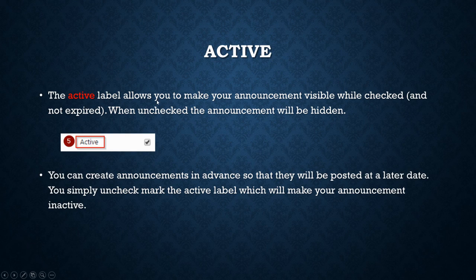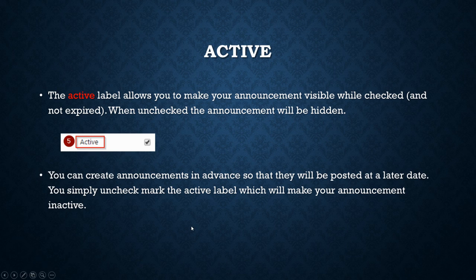Okay, active label. This allows you to make your announcement visible when checked and not expired, and it'll make it invisible when it's unchecked. You can create announcements in advance so that they will be posted at a later time. So that's very useful if you have time to make an announcement, but you don't want it to be visible for people to see.